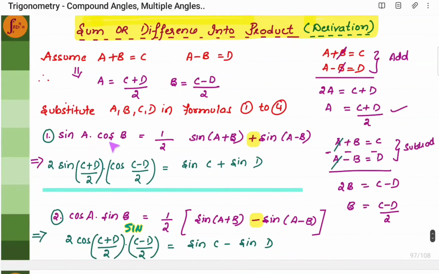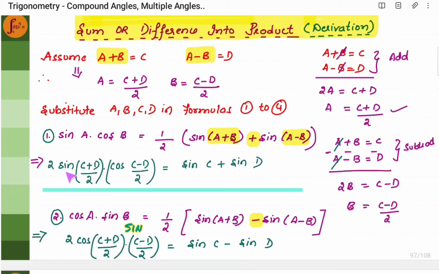So let's take the first formula. First formula is sin a cos b is equal to half of sin a plus b plus sin a minus b. So what is a plus b? A plus b is c and a minus b is d, right? So we are substituting a plus b as c, a minus b as d, and what is a? A is c plus d by 2.